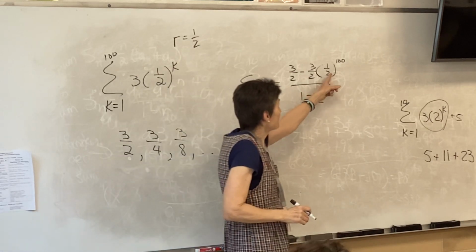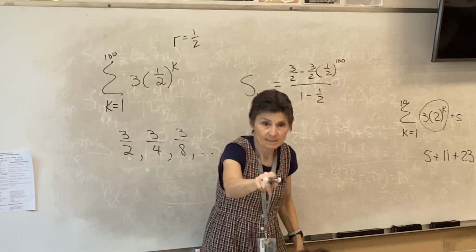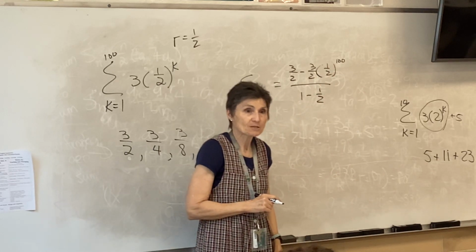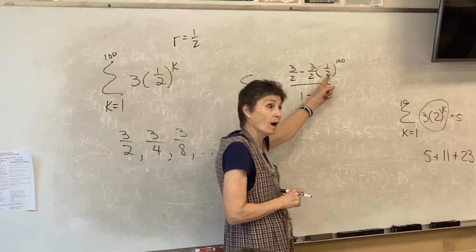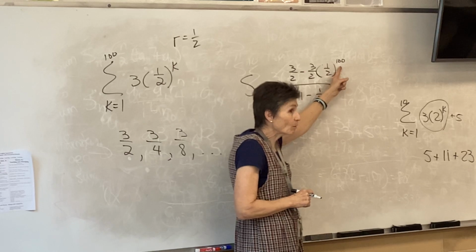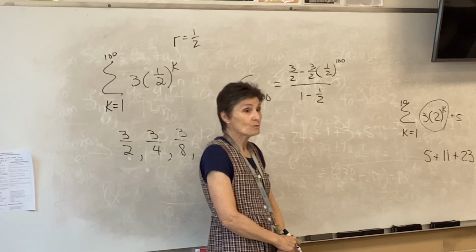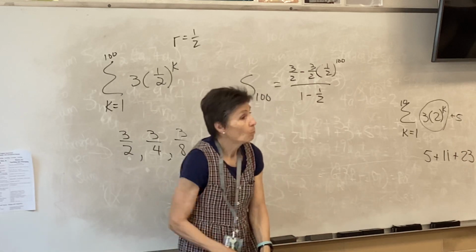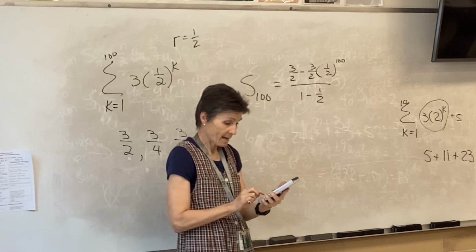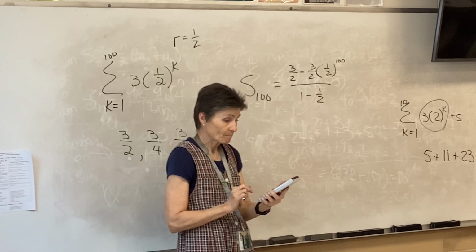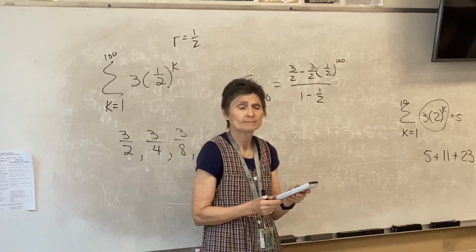Tell me about this right here. That's like 0. We talked about it yesterday. When the number you're raising to a power is less than 1, the bigger the power gets, the smaller the number gets. So if you typed in 1/2 to the 100th, you're going to get something times 10 to the -31st.